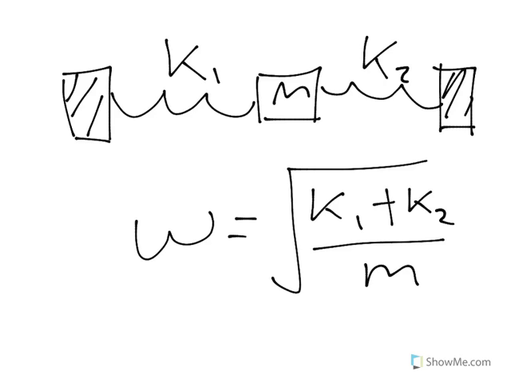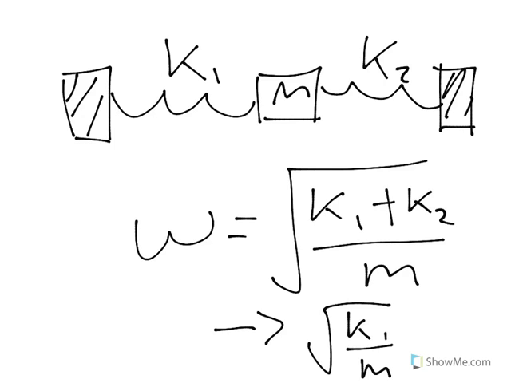So let's look at this equation. If we were to make K2 tend to 0, that basically just eliminates K2 here, and it goes to root K1 over m. Now, actually, the frequency of a mass oscillating on a single spring is root K over m. And that agrees with what we've just shown.